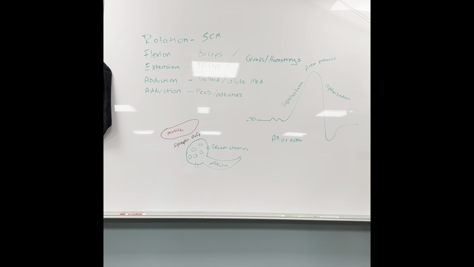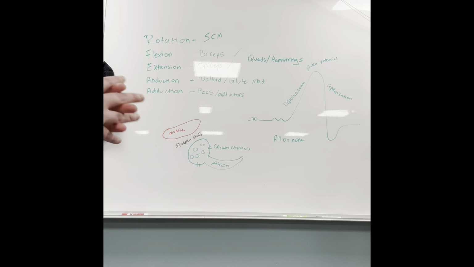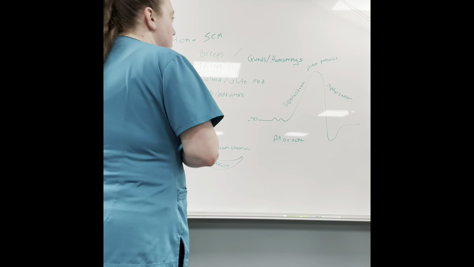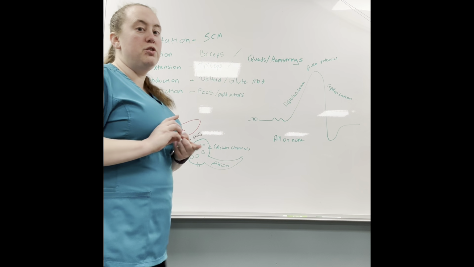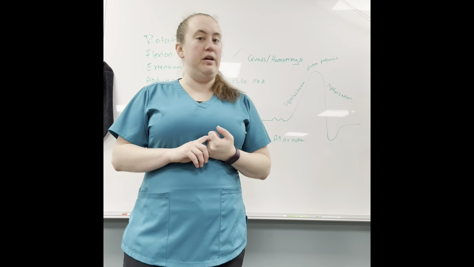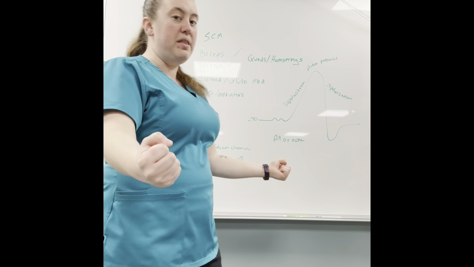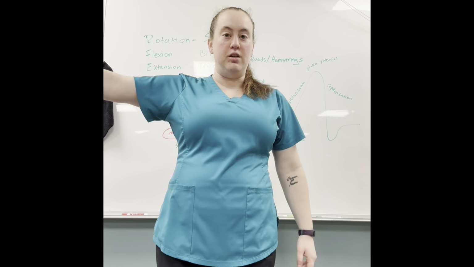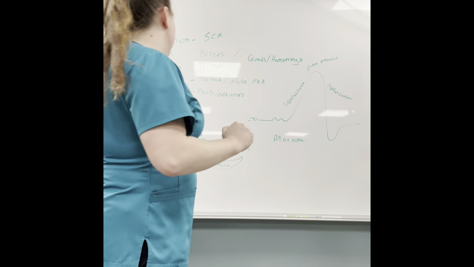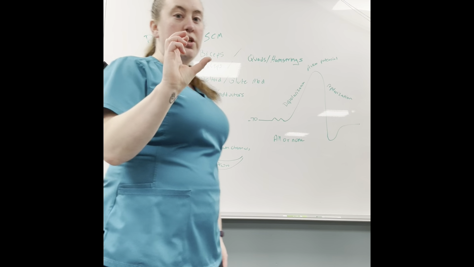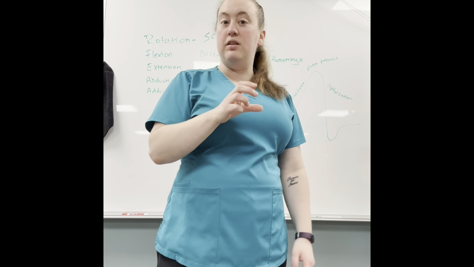Okay, so that was all the little stuff with muscles. Now we gotta talk about some of the big stuff with muscles. So make sure you know your actions. So rotation, right? I've got flexion and extension, and then I've got adduction and abduction, okay? So rotation is that rotation along the longitudinal axis, like in your head.